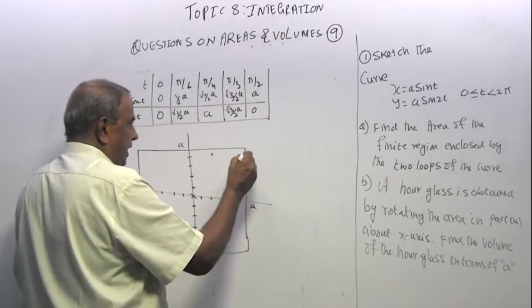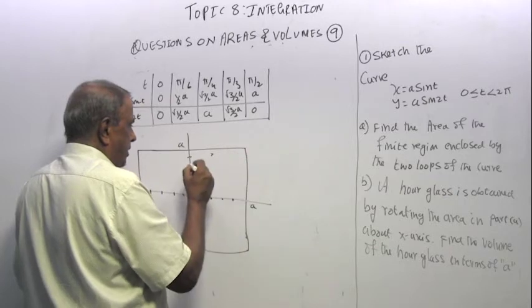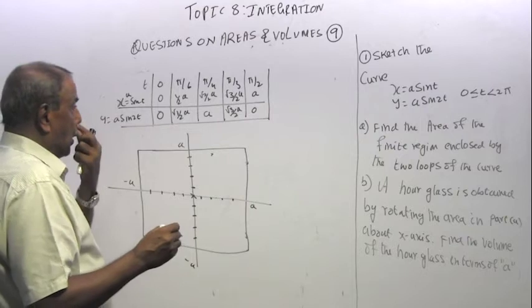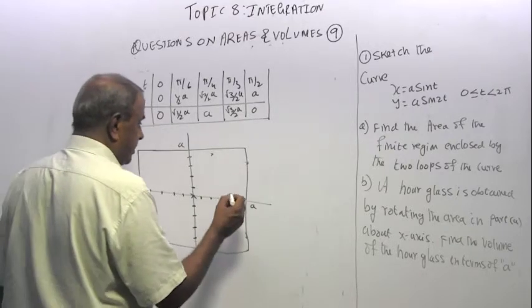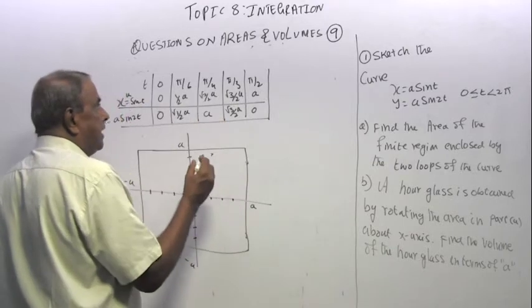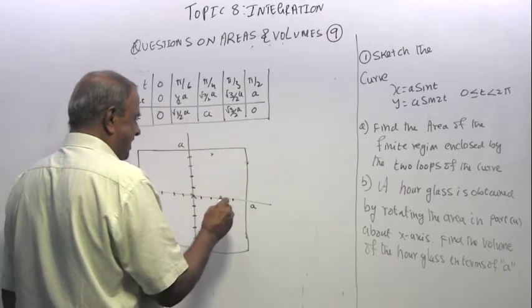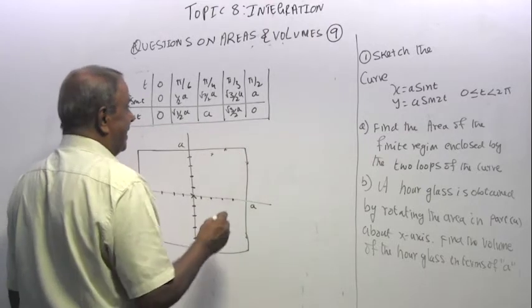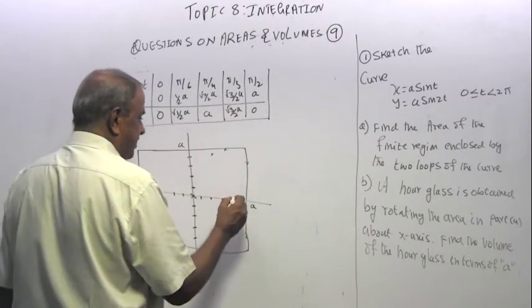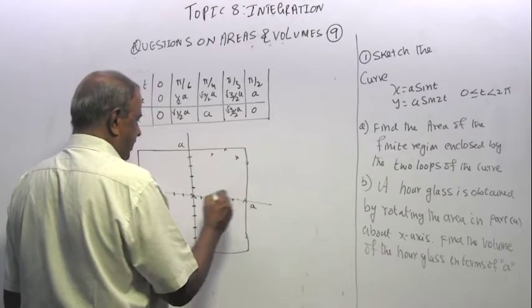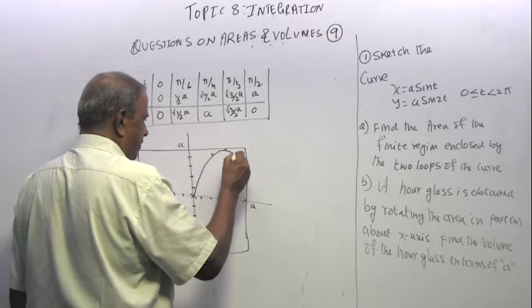Oops, what am I talking of? x is 0.7, y is a. And then 0.866, and then 0.866, and a, 0. So do you agree this graph goes like that?